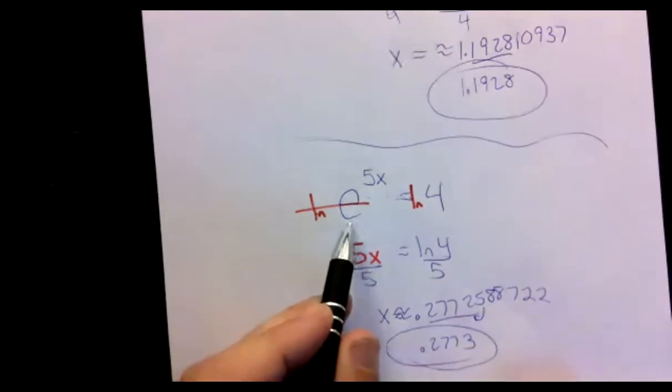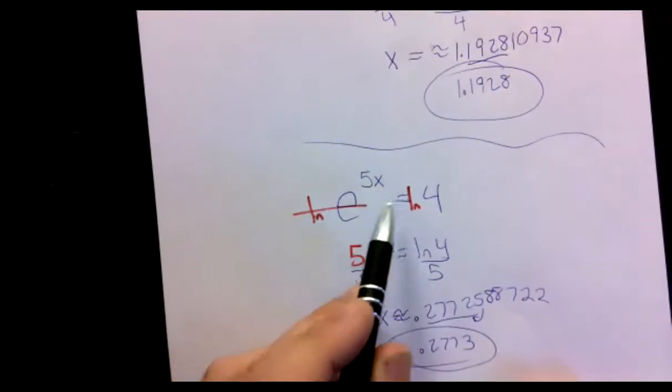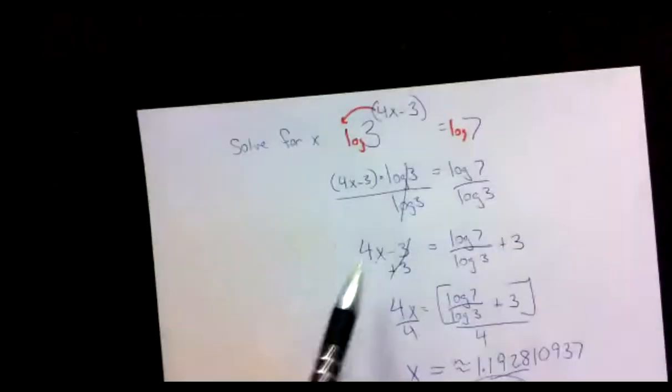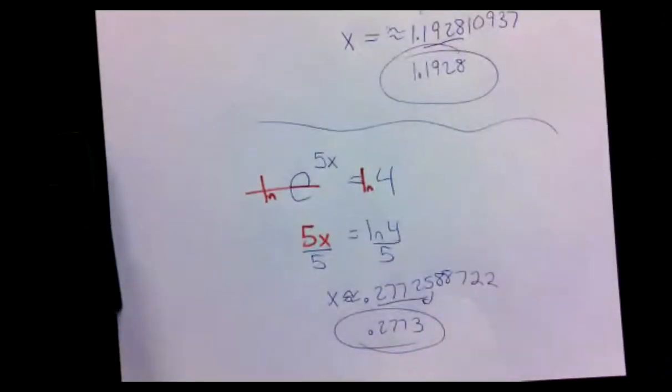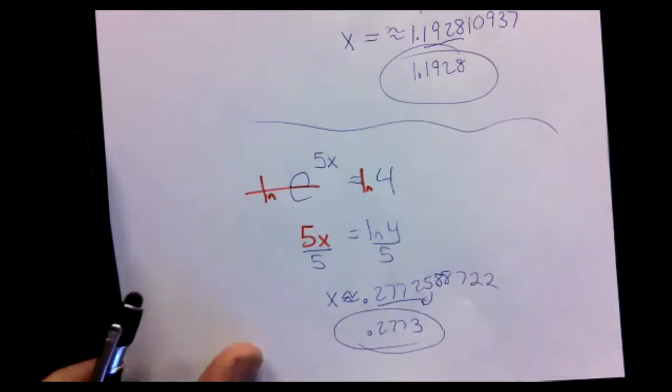Okay, so remember, if they give you an e to some power, to get rid of it, we're going to use the natural log instead of using just the regular logs. Now, there are two other types of problems that they're going to give you.